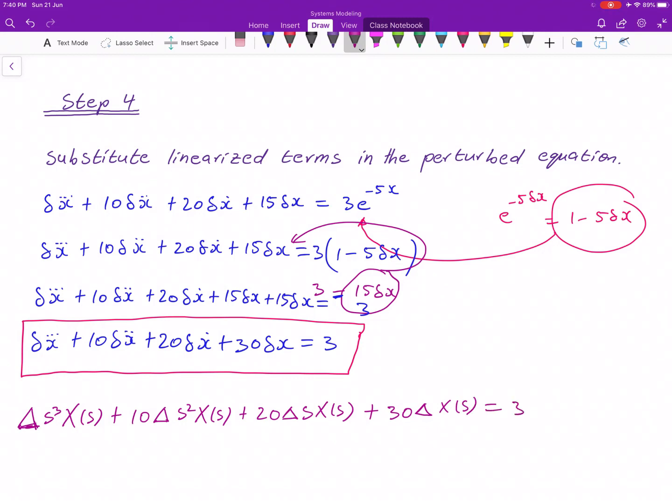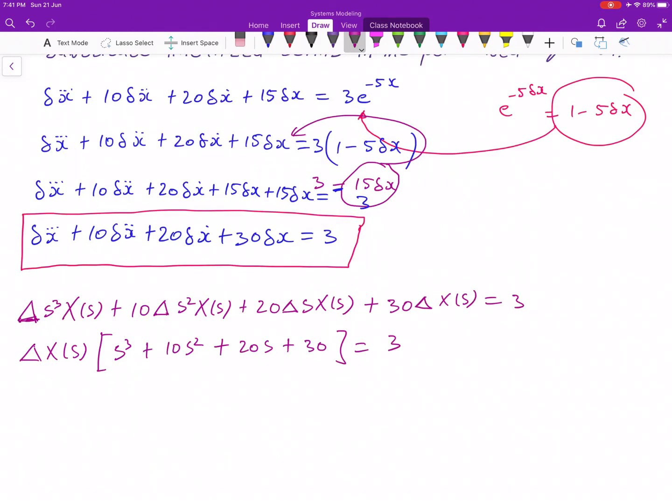And I can pull delta X of s on the outside, so I'll have delta X of s times s cubed plus 10s squared plus 20s plus 30 is equal to 3.